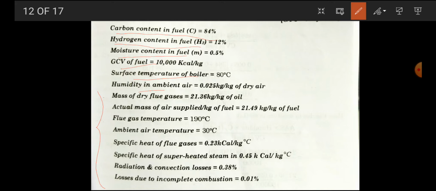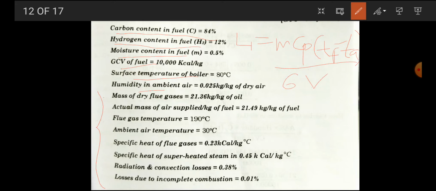The first one is heat loss due to dry flue gases, L1. The formula for L1 is m Cp into (Tf minus Ta) divided by the GCV, or CV, of the fuel.